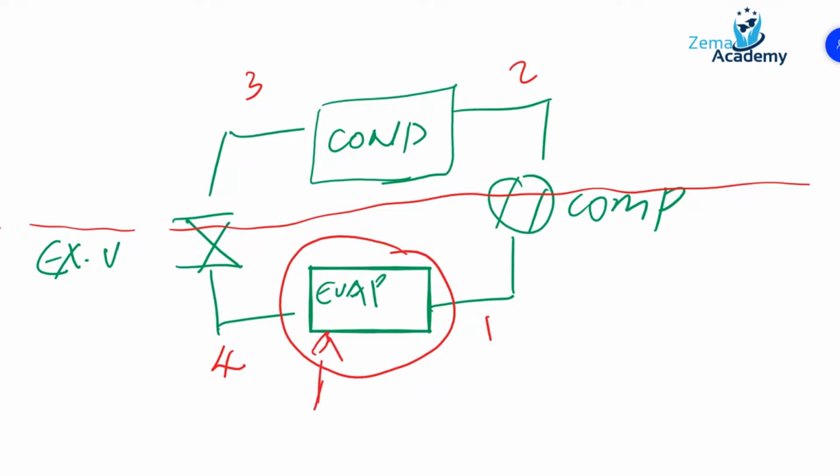Inside the four components, we have a refrigerant, which is constantly changing its phase from liquid to gas, gas to liquid. So at point number 4, what we start with is a low temperature and low pressure liquid, and that is what's going into the evaporator.